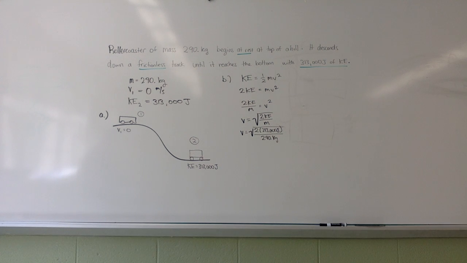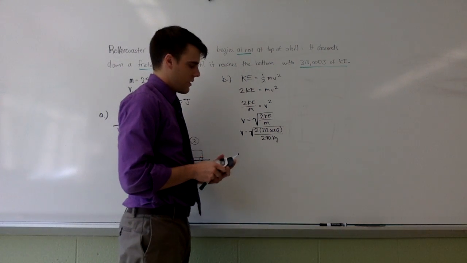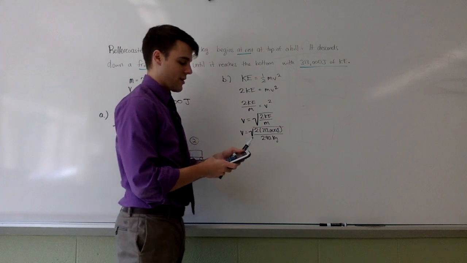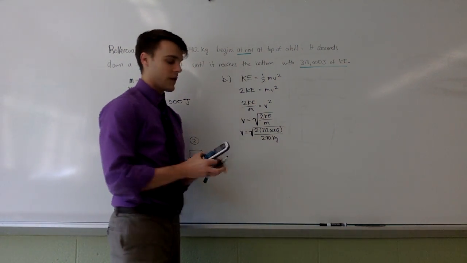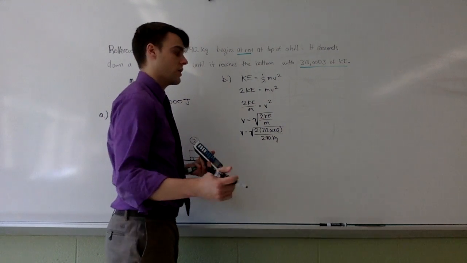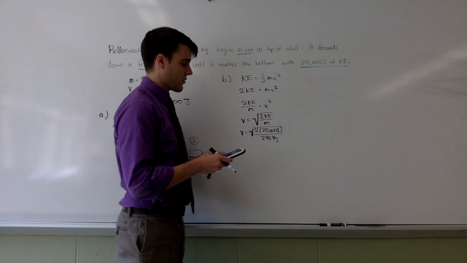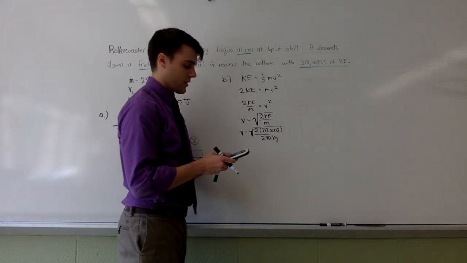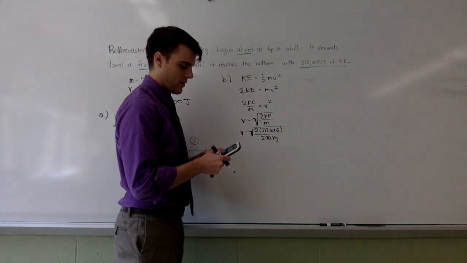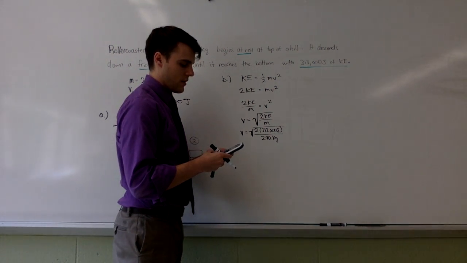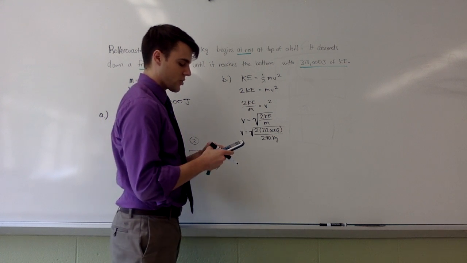Make sure when you use your calculator, and I'm going to use not my calculator, but a simple calculator, that you actually go through this very carefully, especially when you're using square roots. So I have 2 times 313,000, which is 626,000, divided by 290, gives me approximately 2,160, and now I will square root that.